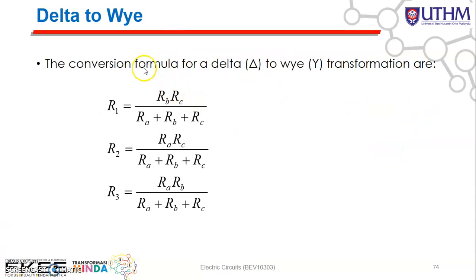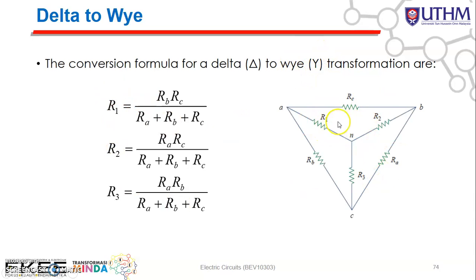Next, how to do the conversion from delta to Y. For delta to Y, you need to find the values of R1, R2, and R3. Based on here, you are given the delta network, so you are given the values of RA, RB, and RC, but you don't know the values of R1, R2, and R3.